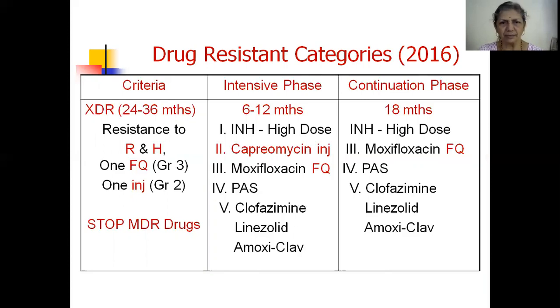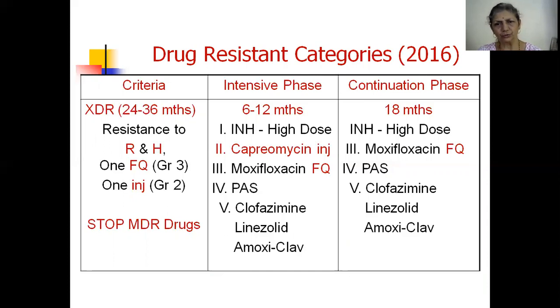So for XDR-TB, total duration is 24 to 36 months. 6 to 12 months of INH, high dose, that is 900 milligrams instead of 300 milligrams. So only INH is continued, but at a 3 times higher dose. Amongst the injectables, instead of kanamycin, it is capreomycin.